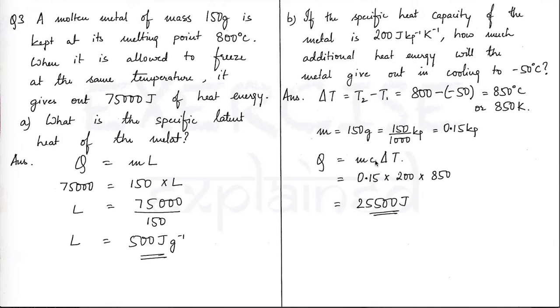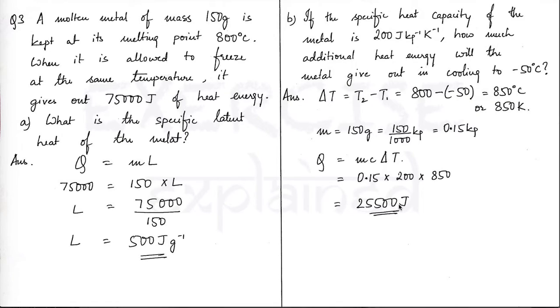Specific heat capacity is 200 into delta T is 850. You can see the specific heat capacity is 200 joules per kg per Kelvin. So after multiplying all these, we get it as 25,500 joules. So the additional heat energy required is 25,500 joules.